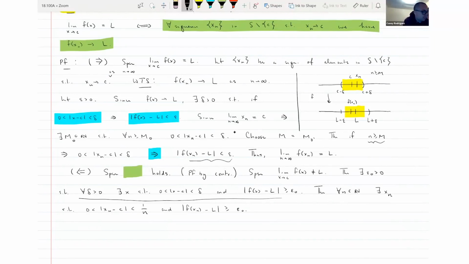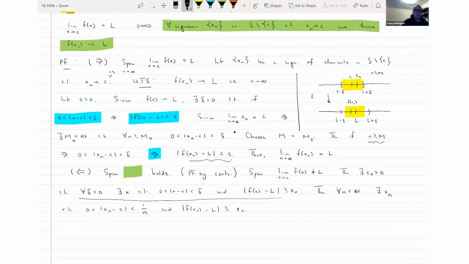So first off, I made a for all n statement. Let's think about this for just a second. Certainly for delta equals 1, I can find a number x of 1 satisfying 0 is less than the absolute value of x minus c, which is less than 1, and the absolute value of f of x of 1 minus L is bigger than or equal to epsilon 0. But delta can be anything I choose, so for delta equal a half, I can find an x of 2 such that the absolute value of x of 2 minus c is less than 1/2, and f of x of 2 minus L is bigger than or equal to epsilon 0.